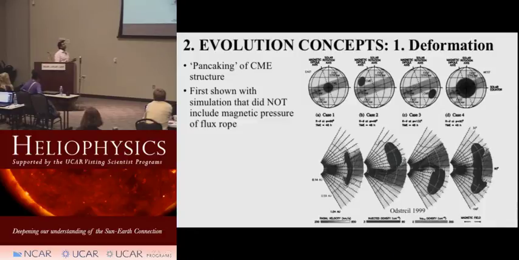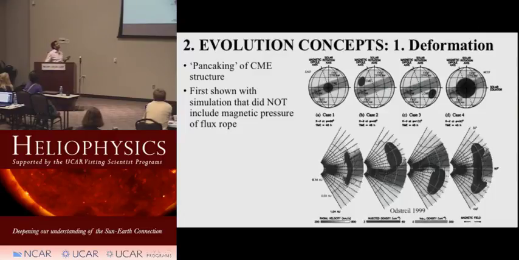This is some of the earliest work that Odstrcil did on the ENLIL model. So the ENLIL model we've all been starting to use and see. And so this was some of the earlier stuff. And so the CME itself doesn't have a core magnetic field. It's basically just a pressure pulse or a density pulse.